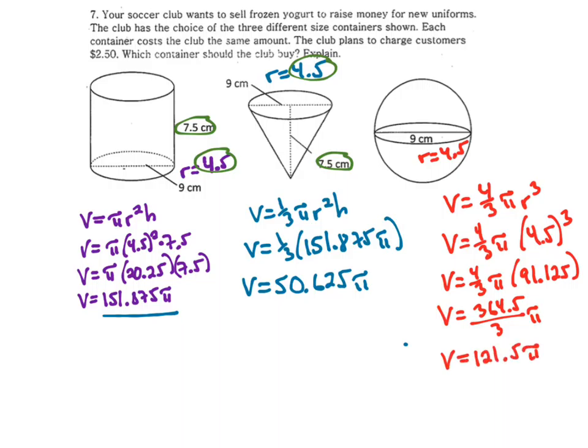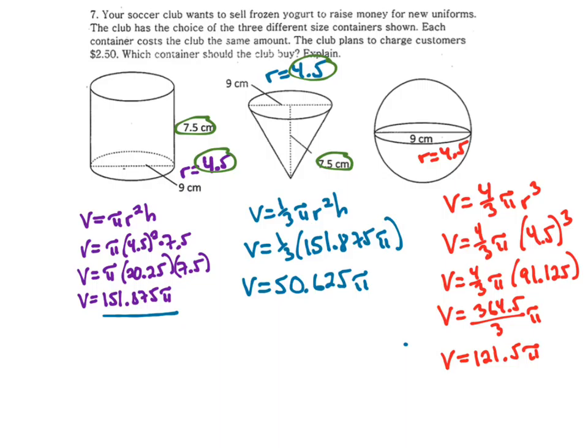Okay. Now, why did I leave all these in terms of pi? Well, I can still compare, right? I can tell which one has the most or the least volume because I know pi is always the same. So I can tell from this that if the soccer club wants to be really honest and give people the most yogurt for their money, they're going to want to use the cylinders.